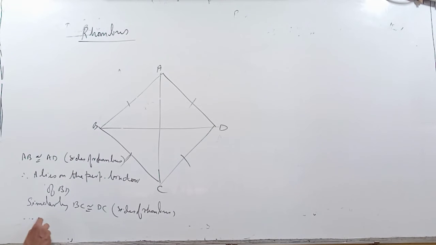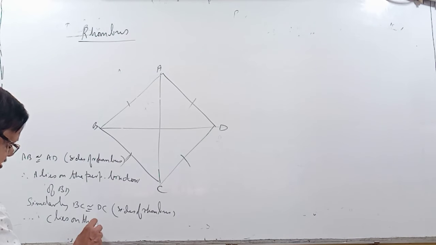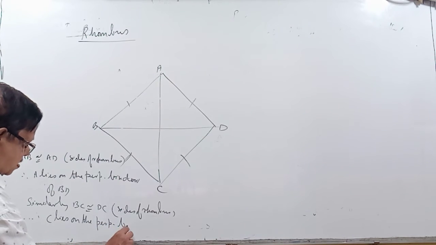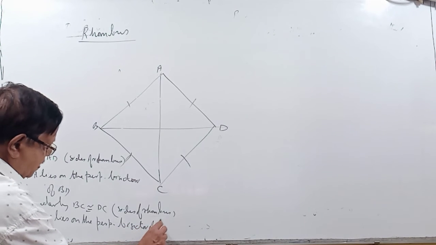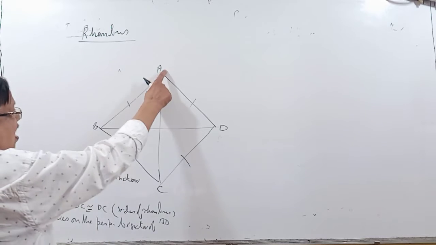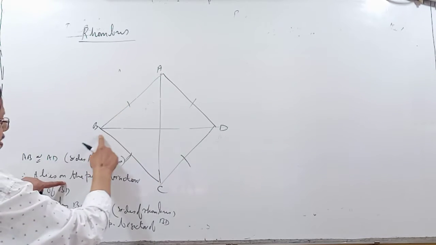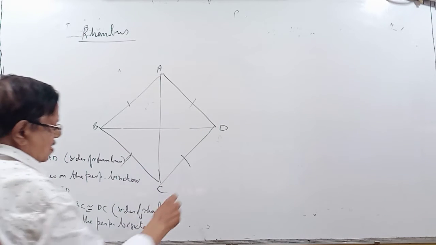Therefore, C lies on the perpendicular bisector of BD. A lies on the perpendicular bisector of BD. C lies on the perpendicular bisector of BD.